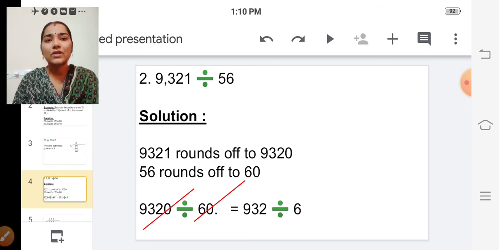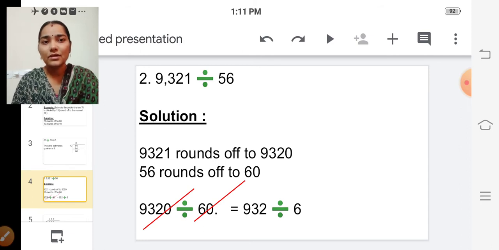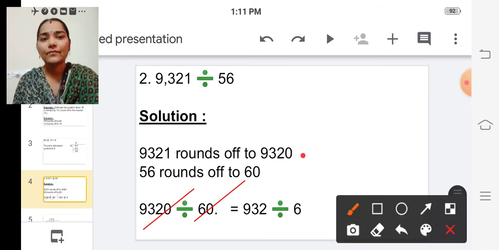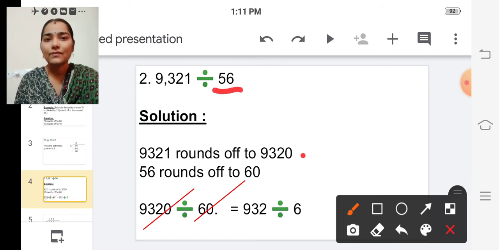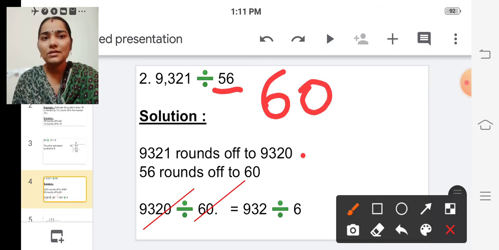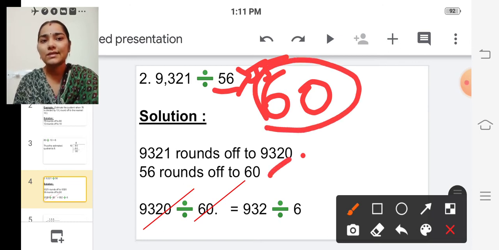So 9321 rounds off to 9320 because it is less than 9325, and 56 rounds off to 60 because it is greater than 55. So 56 rounds off to 60.